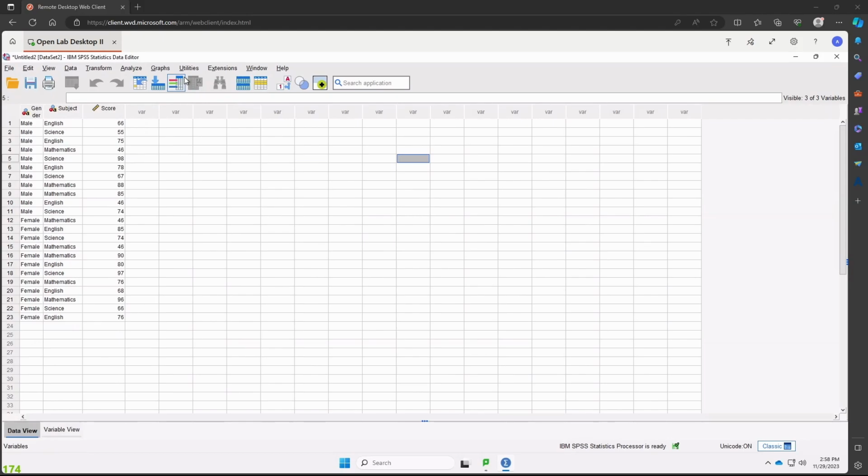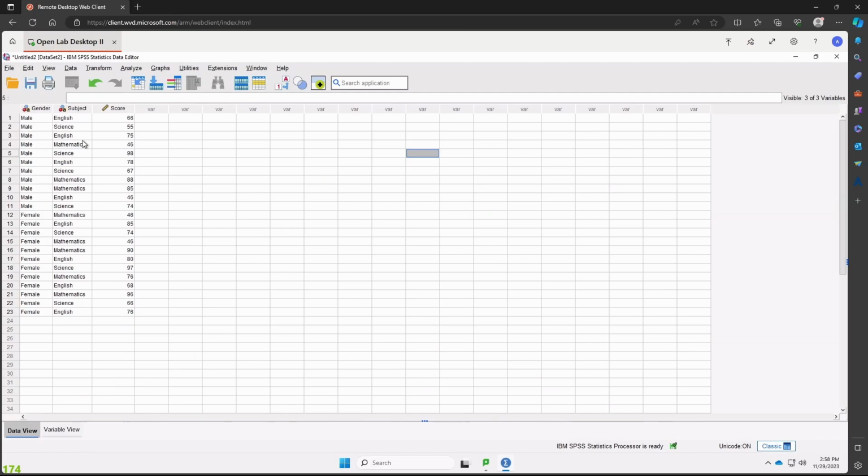And so we have two independent variables, the gender and subject. And now you may be wondering why a t-test couldn't be used for our data right here. Well, there are a few reasons. First of all, our subject has three levels: English, science, and mathematics.